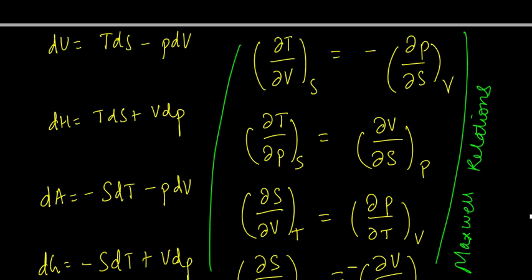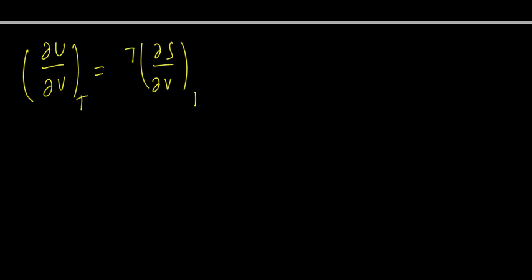So I could use the first identity: del U by del V at constant temperature would be equal to T dS minus P dV, so T del S by del V at constant temperature minus P, since dV by dV is 1.